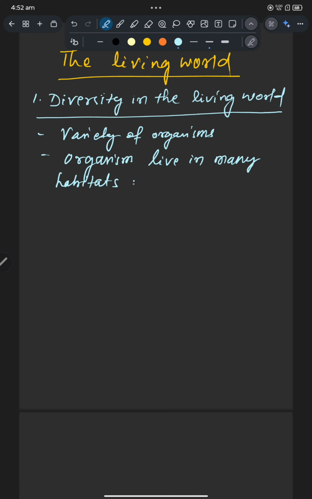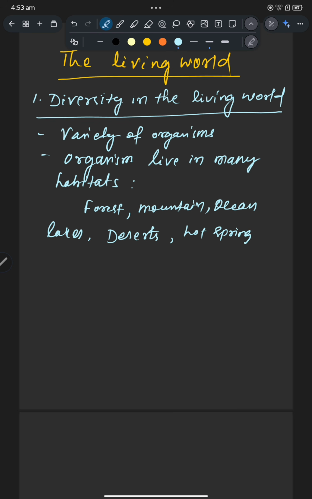The habitats may be forest, mountain, ocean, lake, desert, or hot springs, the extreme conditions. Since they are dwelling in different habitats, different types of organisms are there, and this variety of organisms is the beauty in nature.